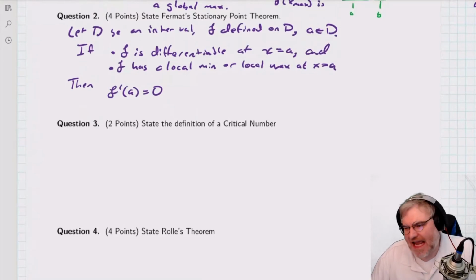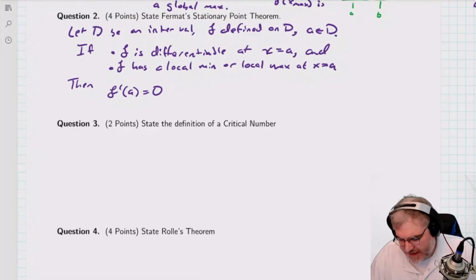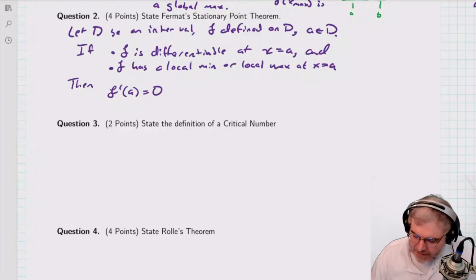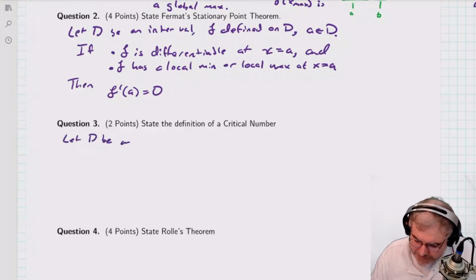This definition, I hate this definition, but it's in the book, and Web of Science keeps asking for it, and it shows up on the test, right? It's a critical number. Well, what does that mean? What's the definition of a critical number? Well, let D be an interval, F defined on D, math is case sensitive, A in D, right?